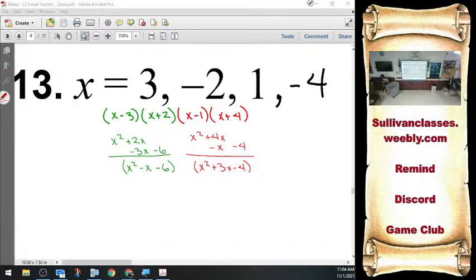I'm leaving mine kind of different colors like that, so you see I multiplied the first two together, I multiplied the second two together. But now I need to multiply those two quadratics together.